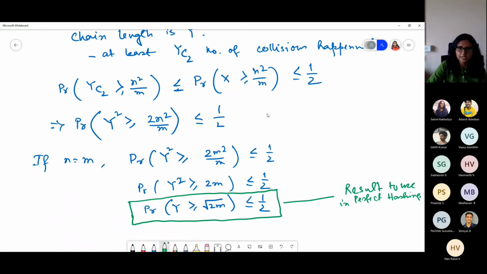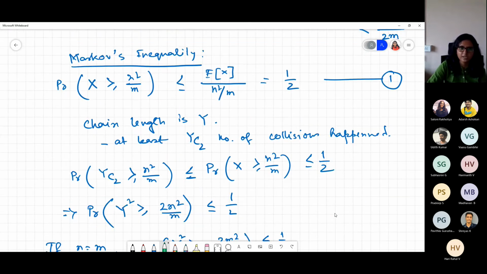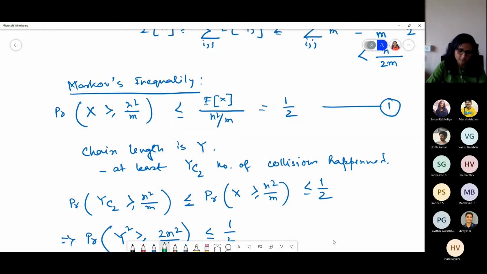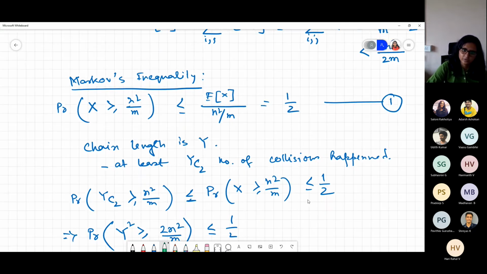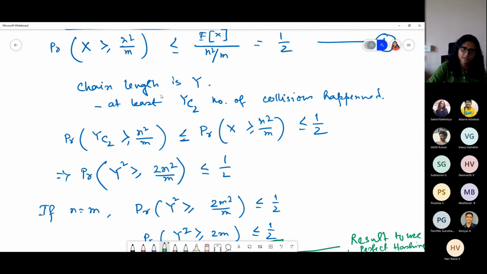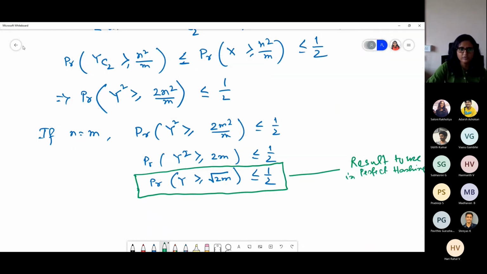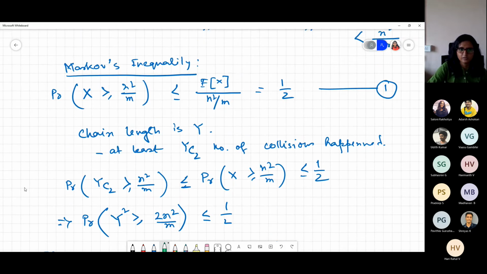And another thing that you may have noticed is that this hashing, how you are going to have the chain length, all this calculation is independent of the key value or the distribution of keys. Nowhere we have used the distribution of keys.